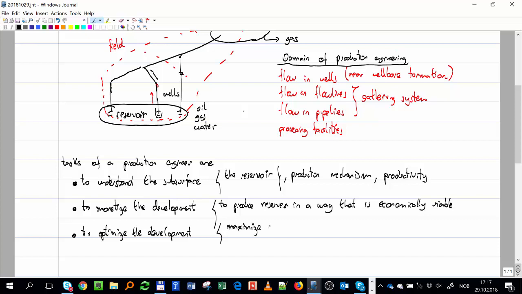Maximize revenue, reduce cost, for example, reduce failures. Optimization can mean many different things. But basically, I already have a system, and I want to improve it. I want to make it as economic as possible.